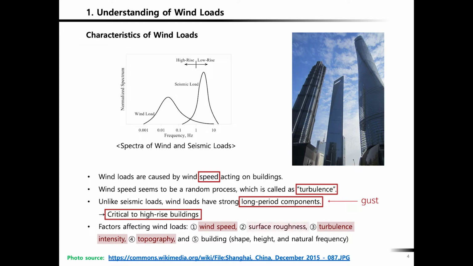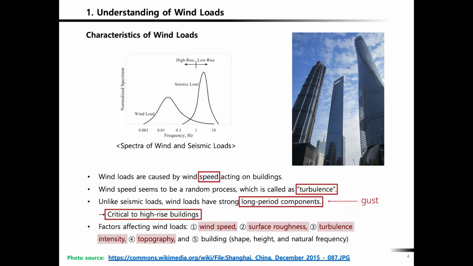And then surface roughness: if it's in the middle of the ocean, or maybe in a coastal area, you have no obstacles in front of the building, so of course wind speed is much larger. If it's inside a building forest, like in a metropolitan area, then wind speed is much reduced. So surface roughness is involved there.